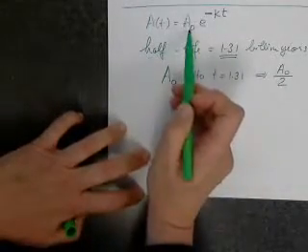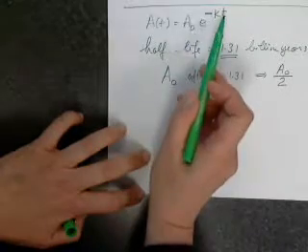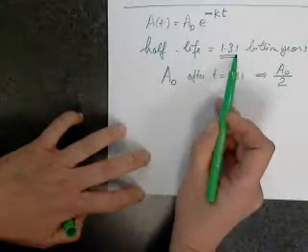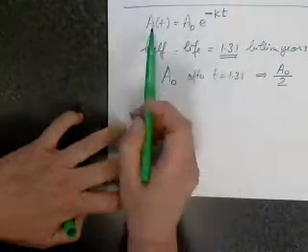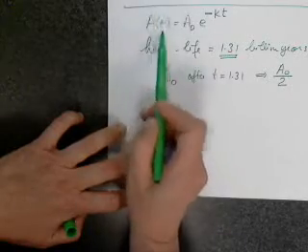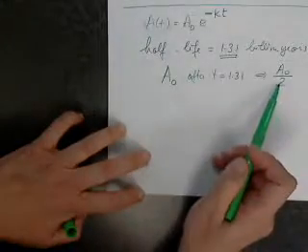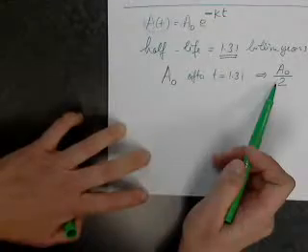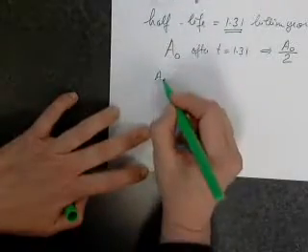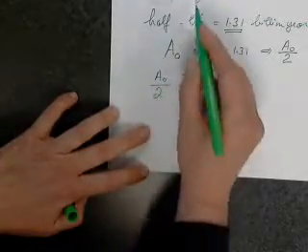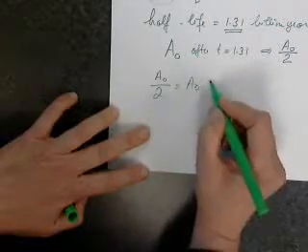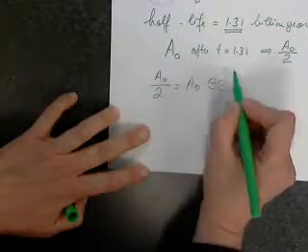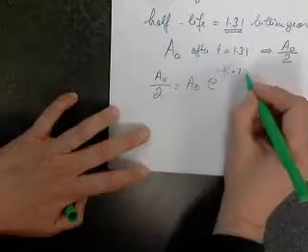So if I start with A0, when time is 1.31, then the amount is half of it. So A0 divided by 2 will equal A0 times e to negative k times 1.31.